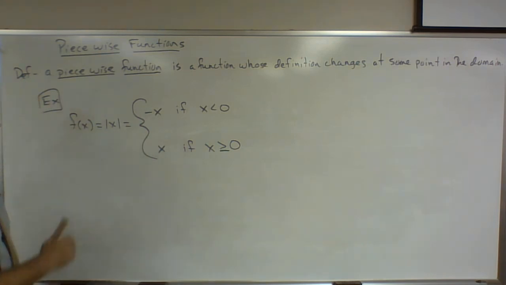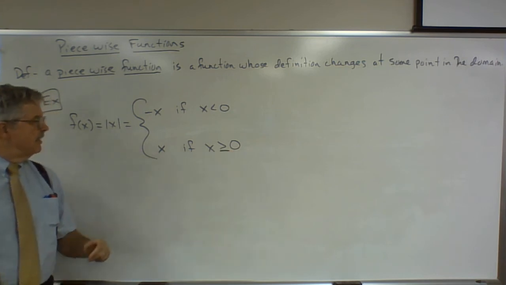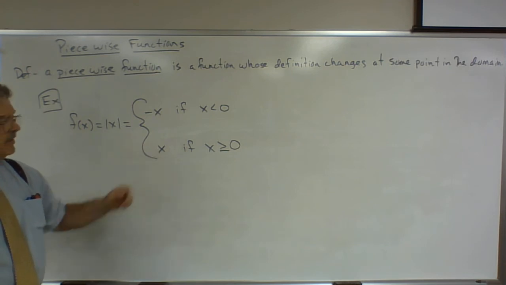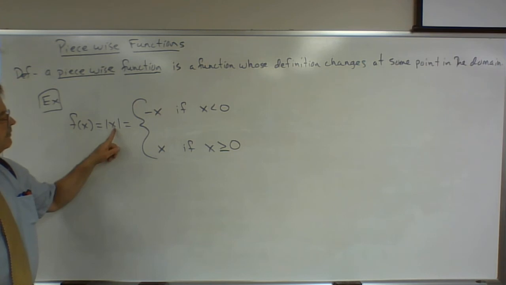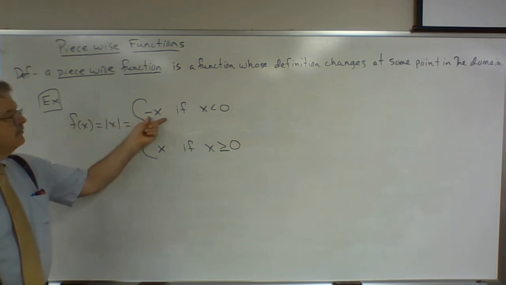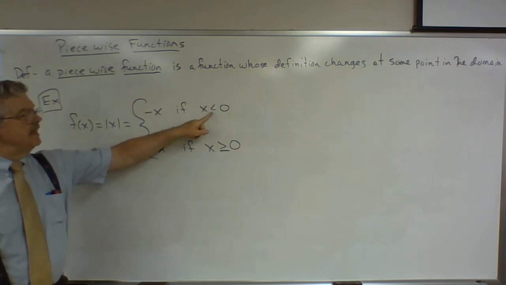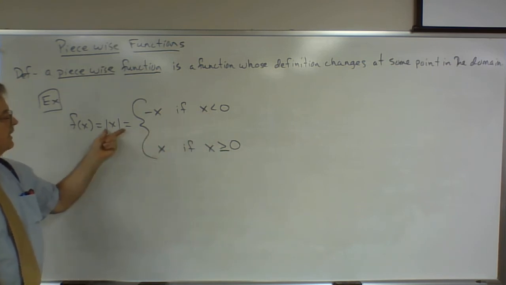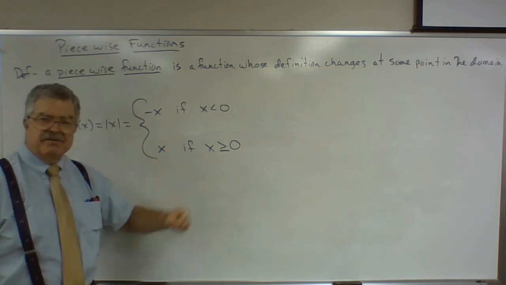That's how we define it. For x greater than or equal to 0, the absolute value of x is positive x. So right at x equals 0, the definition of absolute value of x changes from negative x, which is how we define absolute value of x if x is less than 0, to positive x, which is how we define absolute value of x if x is greater than 0.